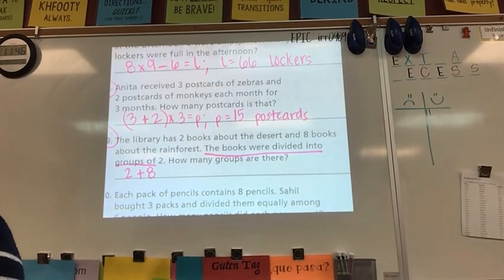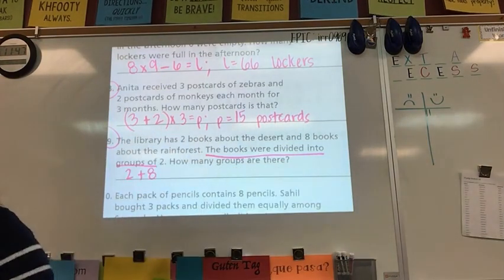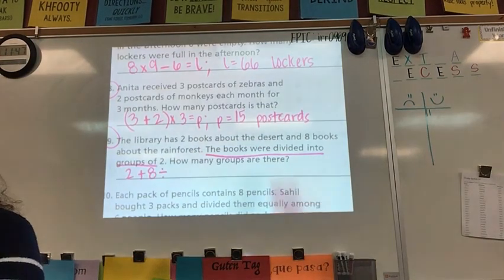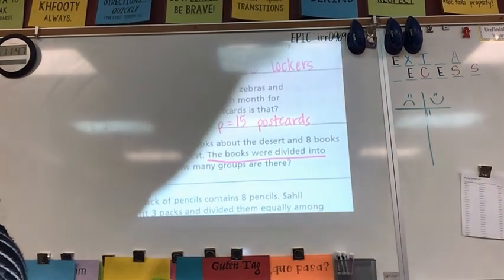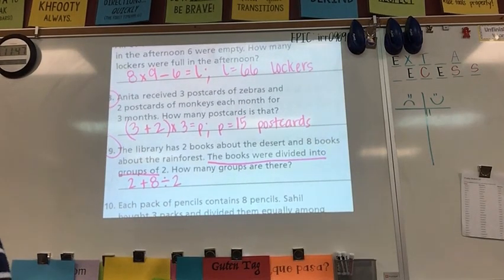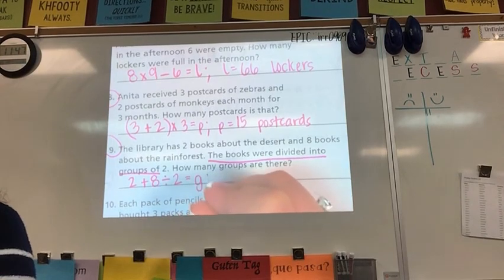The books were divided into groups of 2. Okay, if I heard the words divided into groups of 2, what's my next step going to be? Times 2. If they said divided by 2, would I write times 2? Divide by 2. They're saying, hey, they were divided, so I'm going to divide into groups of 2. Not yet. I don't get to put my semicolon until after I have my variable. And I'm trying to figure out how many groups, so I'll put G for groups.